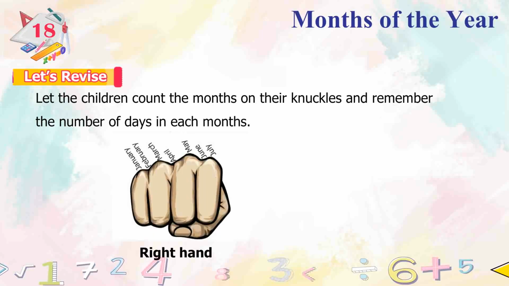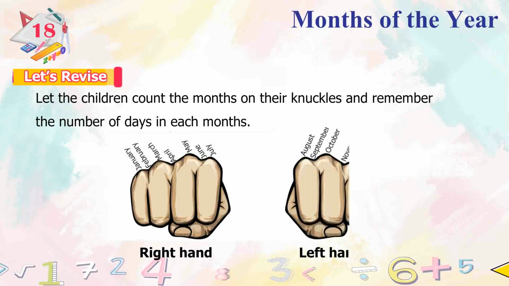Right hand: January, February, March, April, May, June, July. Left hand: August, September, October, November, December.